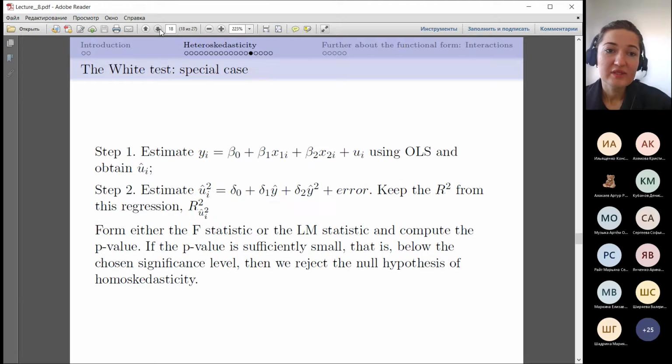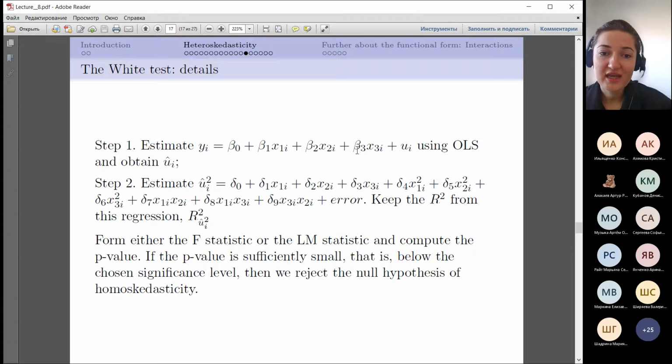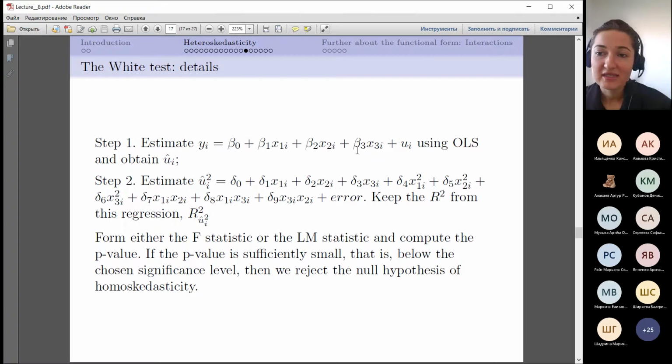Okay, so the main disadvantage of the White test is that even if you have, let's say, 3 independent variables, like in this case we have 3 x's here, the equation in the second step has 9 independent variables.